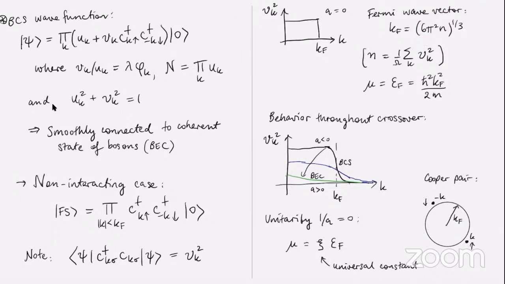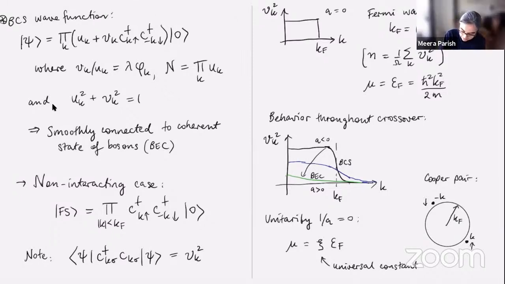Yeah. This is all at 0 temperature? Yes, that's right, exactly. This is all ground state properties. As soon as you have finite temperature, you won't just have a crossover, you can start to have phase transitions.